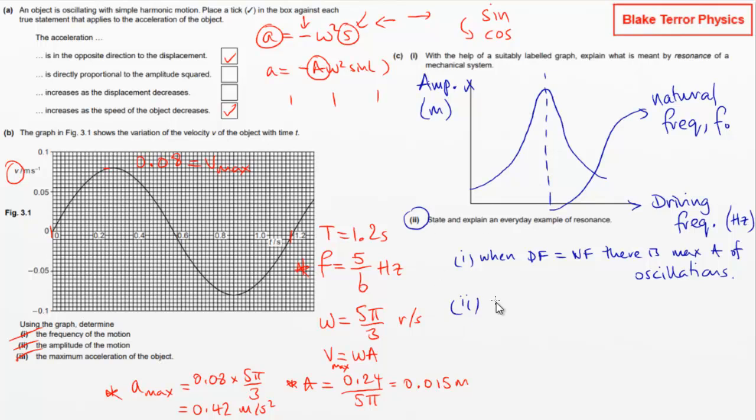Right, so the second part, state and explain an everyday example of resonance. So let's go for, I always go for the child on a swing. Child on a swing. So the swing begins with, I'll come back to what I've said, begins with natural frequency equal to 2 pi root L over G. That's a pendulum just oscillating.